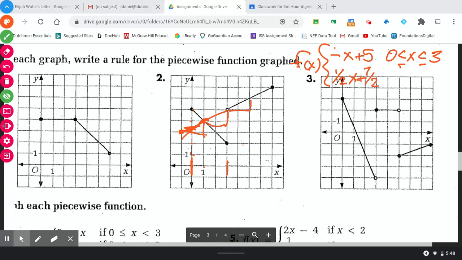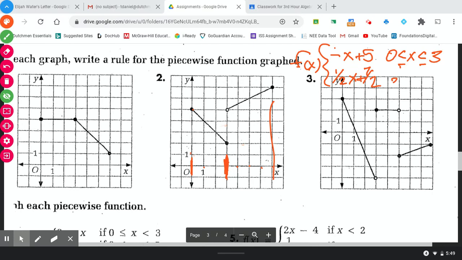So 7/2, and that occurs when, let's clean this up here a little bit. 7/2, and that occurs between 3 and, looks like 4, 5, 6, 7.